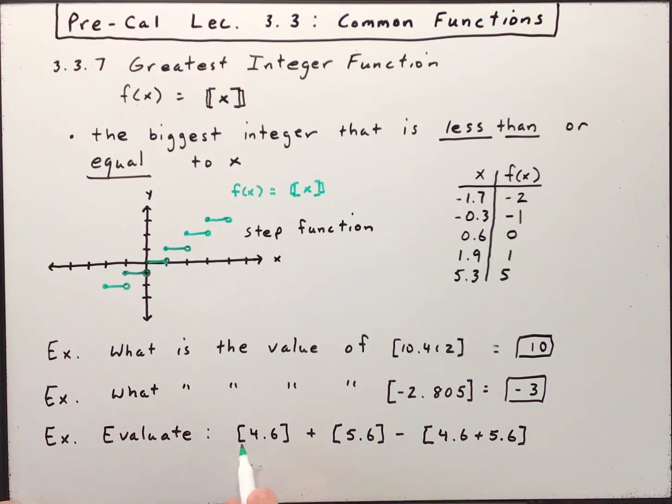So this would round down 4.6 to 4, this would round down to 5. But 4.6 plus 5.6 would be, what, 10.2, right? So that's 10.2. So that would round down, because we have to work inside out. Let's do that first. Round down to 10. So 4 plus 5 is 9 minus 10. That is -1.